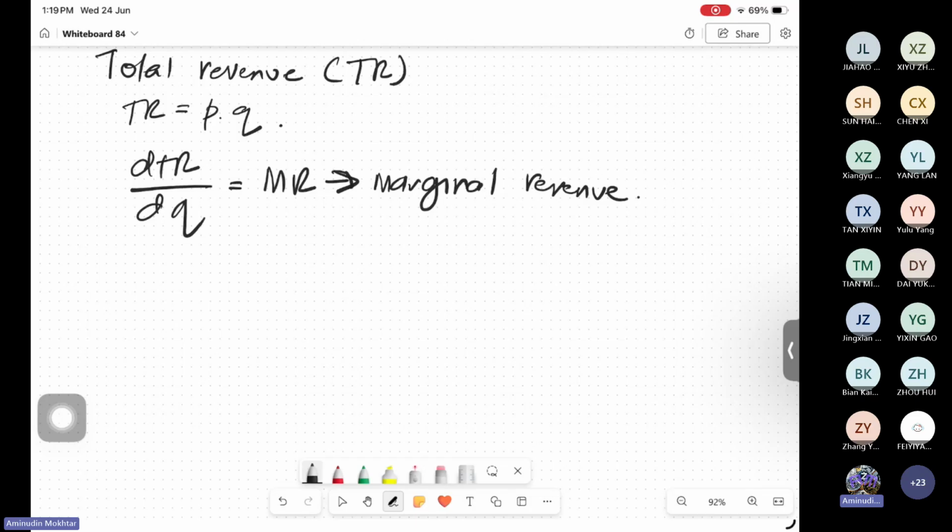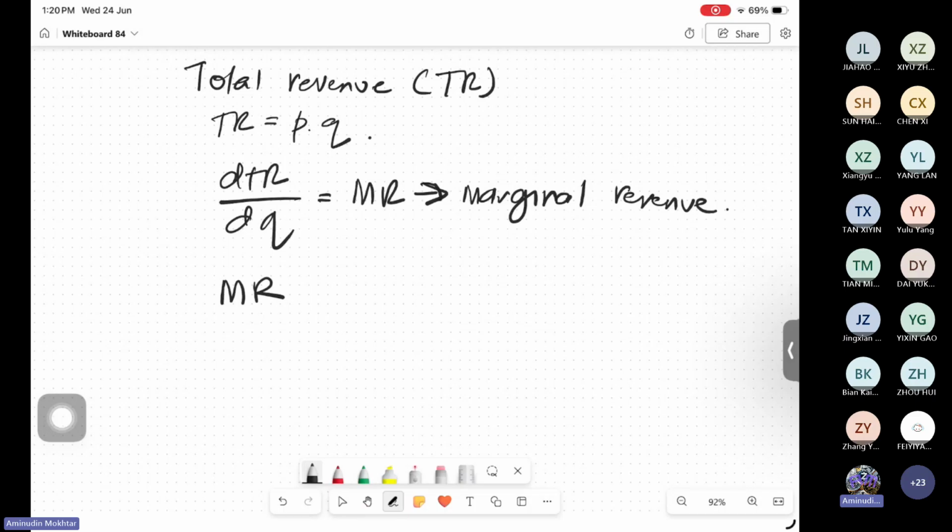So if you have MR, in other words, we can say that MR is the first derivative of TR, and then TR is also the antiderivative of MR.